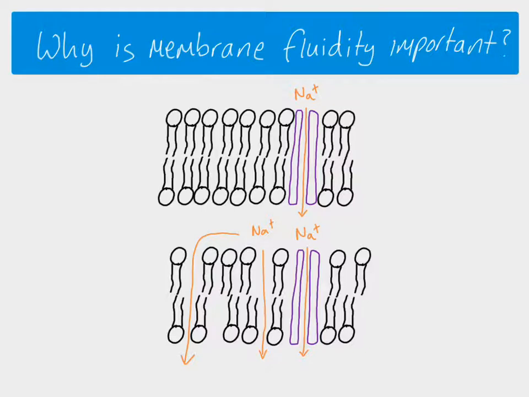If it's too fluid, that means that the phospholipids and the proteins and everything are moving around so much that you end up with all of these gaps. The gaps here are not fixed. We have those gaps because the membrane is so fluid that the phospholipids keep moving around too much, and gaps appear. Those gaps might then close up, but another gap will appear next to it.